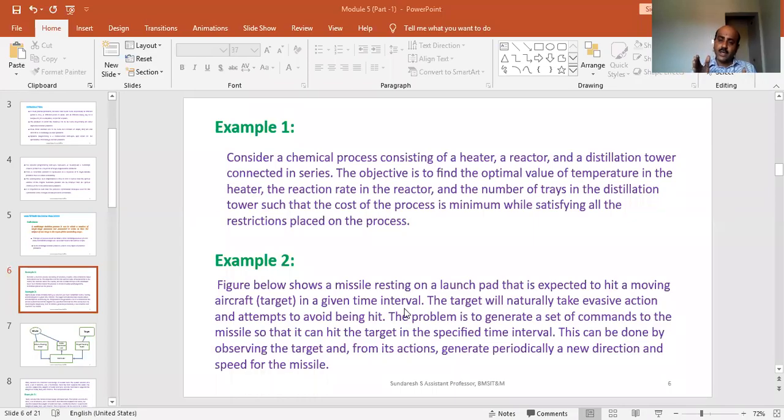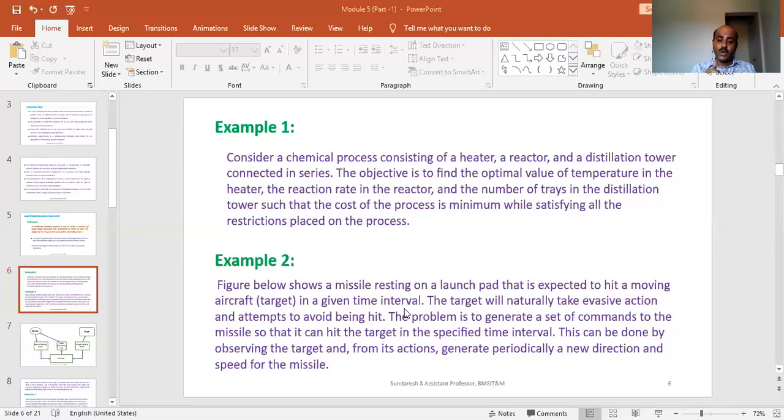But the aircraft will naturally take evasive action and start attempting to avoid being hit. It will take its own decisions and perform certain actions so that it avoids being hit.